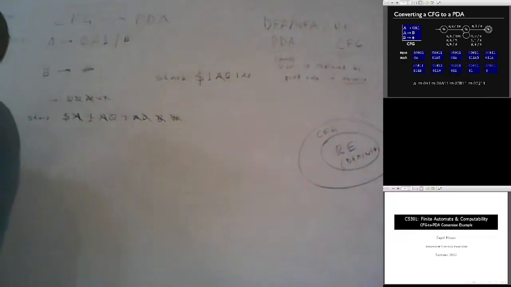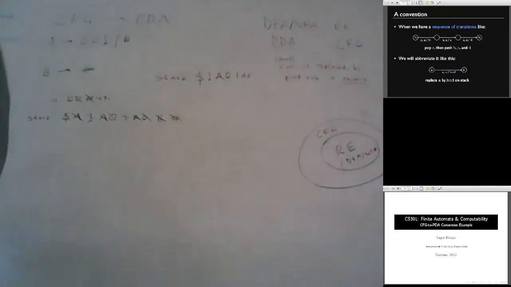The only slight issue is that this PDA is actually pushing multiple things at a time, which you're not supposed to do. Each transition is supposed to read something, pop something, and push something else. But pushing multiple things is actually not that big of a deal, because if we want to push multiple things at once, we can just do something like this.